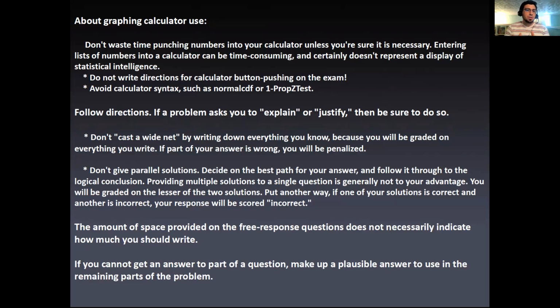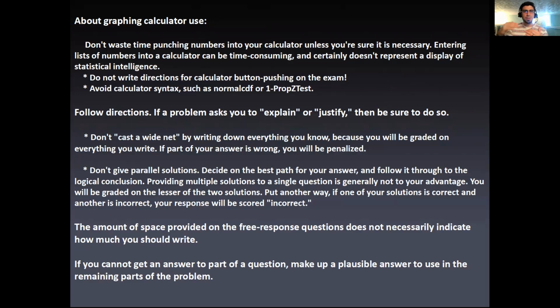Another thing is, if you can't get an answer to a particular part of a question, and often these free response questions have several parts, make up a plausible answer to use in the remaining parts of the problem, because sometimes the answer you get for part A is carried through to part B, to part C, to part D, and so forth. If you're not confident in your answer to part A, but you understand the process and procedure for doing part B or part C, try to come up with something for part A and then carry that through.